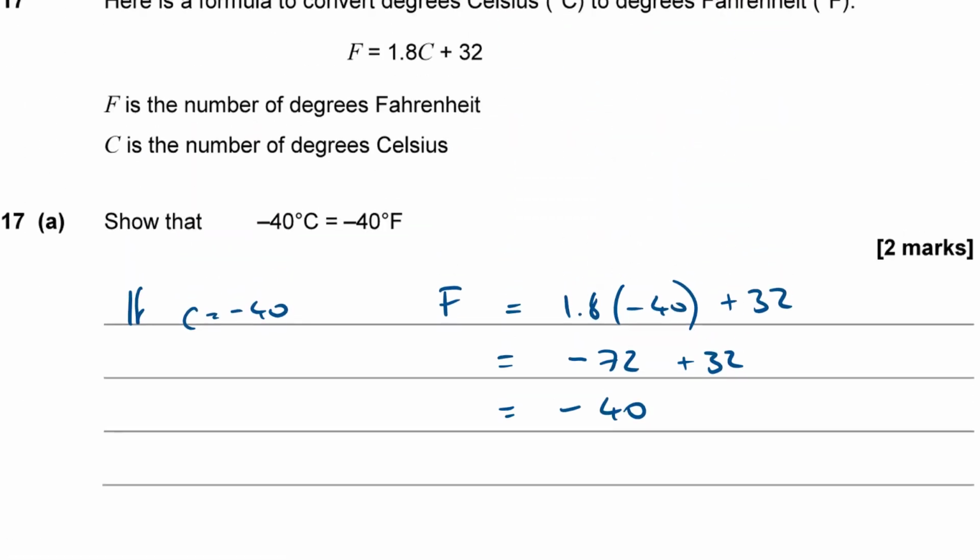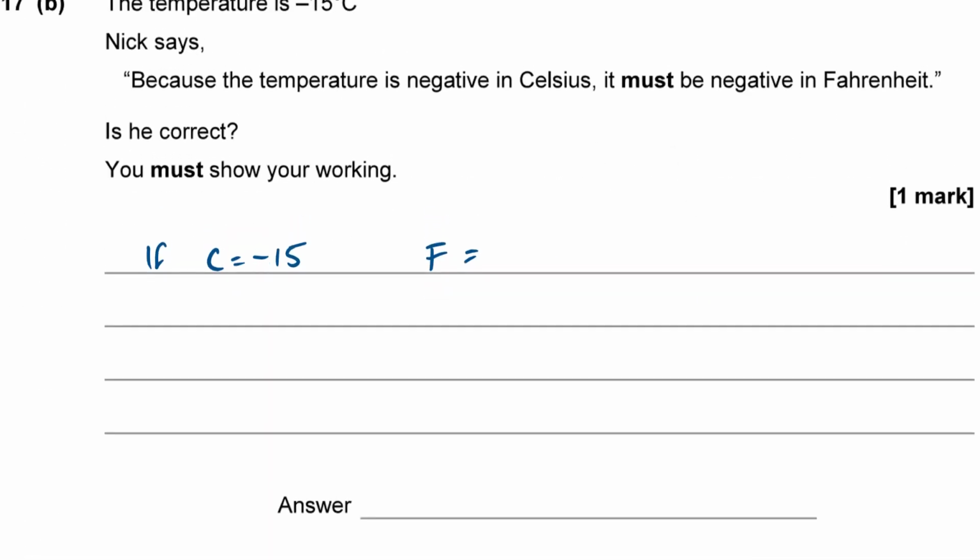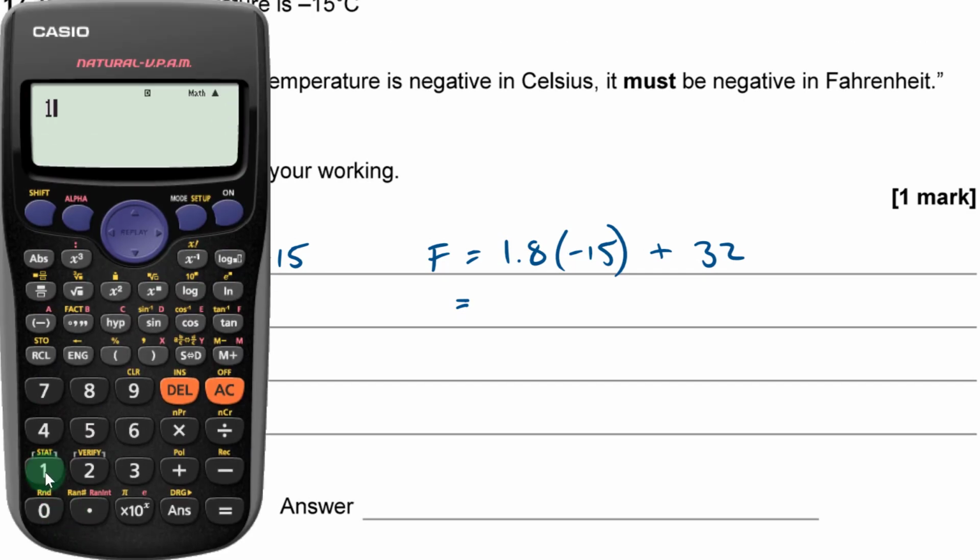So F then is 1.8 times C, 1.8 times minus 15 plus 32, wasn't it? 1.8 times negative 15 is negative 27. And then if I add on 32 to that, I'm going to get positive 5.